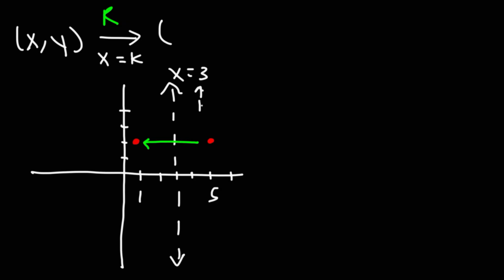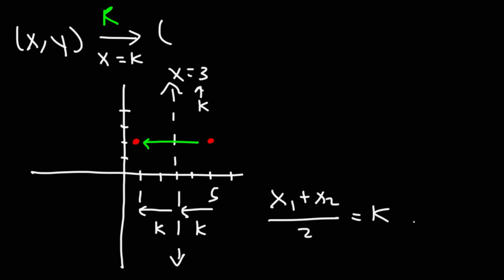K is the midpoint. So to go from 5 to 3, we traveled k units to the left. To go from 3 to 1, we traveled another k units. So to go from one x value to the other, we have to travel 2k units. It turns out that k is the midpoint of 1 and 5. So if we call these x1 and x2, when we take the average of them, it gives us k.